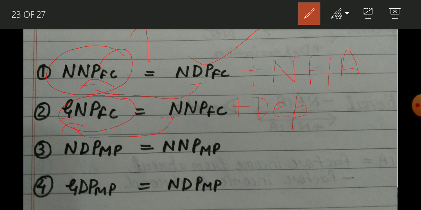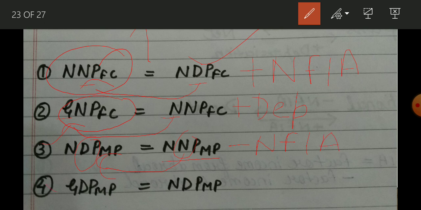In this, NNP MP is given and you have to find out NDPFC. So what is the difference here? Here the national concept is given, you have to find out the domestic concept. That is, you are moving from national to domestic. So when we are moving from national to domestic, we have to subtract NFIA.